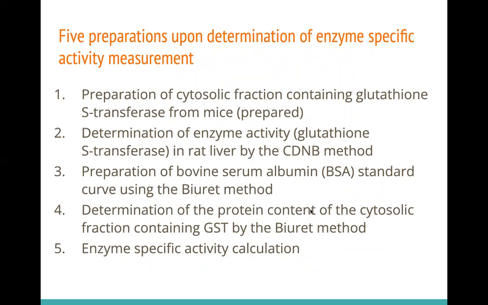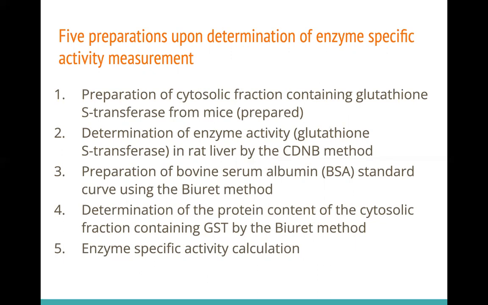So in this experiment, you are going to do five different related experiments. The first one is to prepare the cytosolic fraction containing the GST enzyme from rats. This is already prepared by our staff. The second one is the determination of enzyme activity, or GST, in rat liver by the CDNB method.